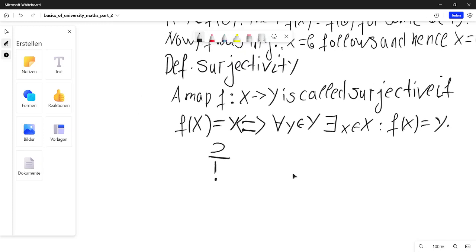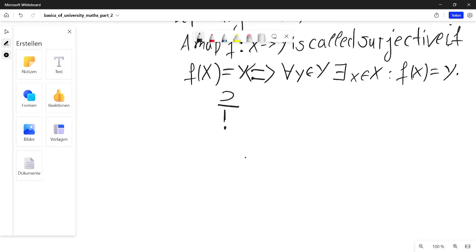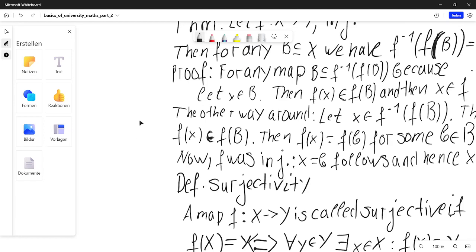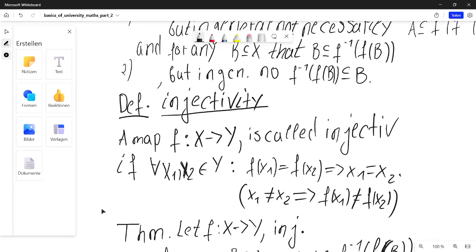Right, and now we'd like to have the other theorem for a surjective map f from X to Y. We have f of f minus 1 of A, or maybe the other way around. I constantly forget it.